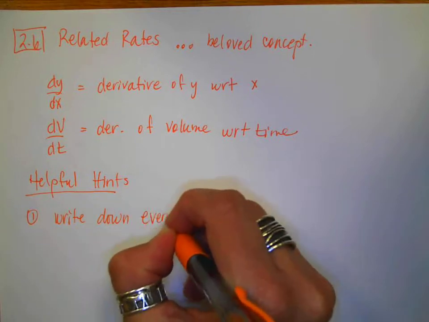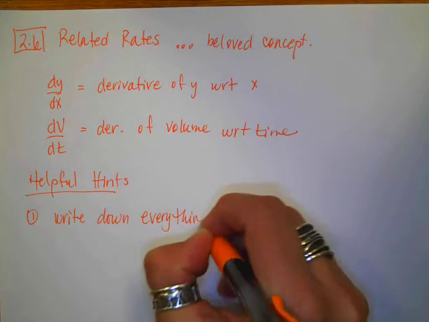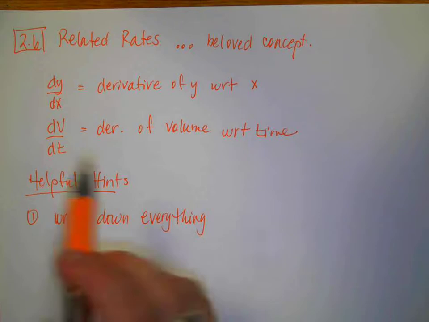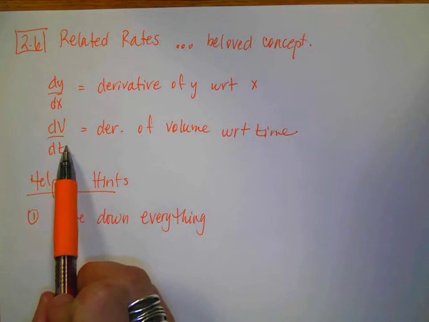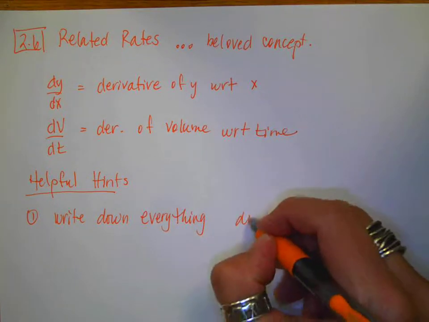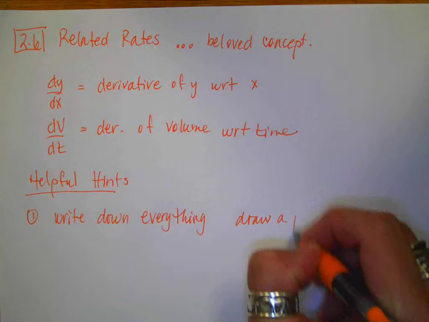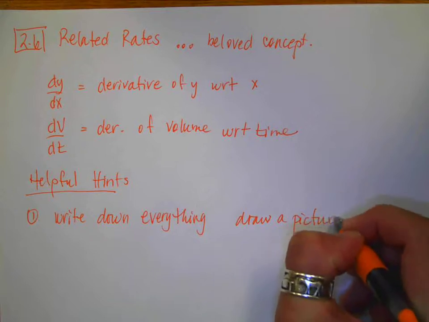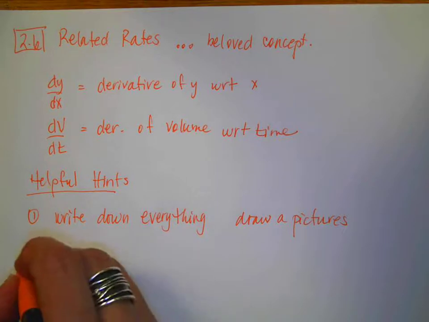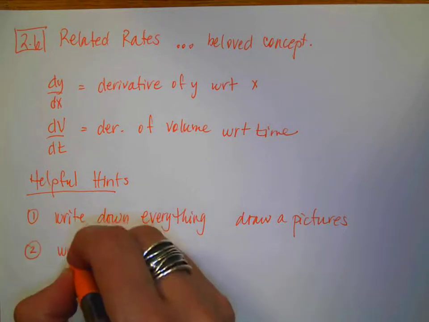And when you write down everything, you need to make sure that you're labeling it with the appropriate notation so that you know that you've been given a rate. You need to label it as such. And then if you need to, you can draw a picture, because oftentimes on these we need pictures to help us remember specific pieces about the math that we're going to do.